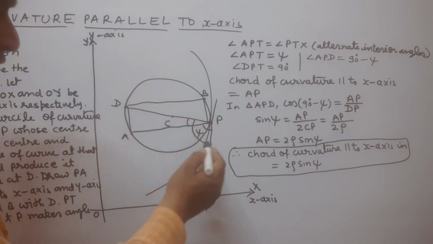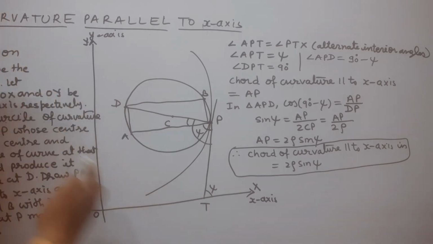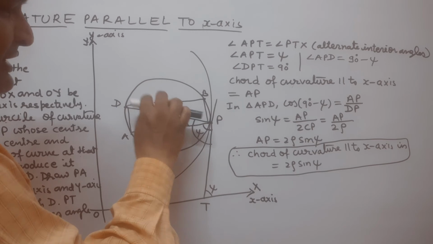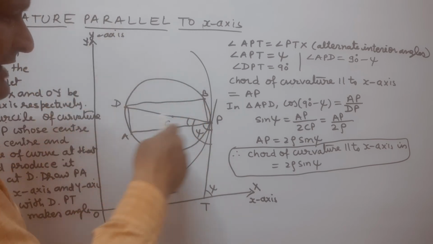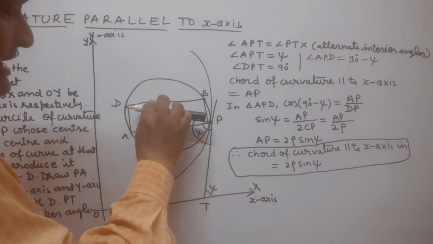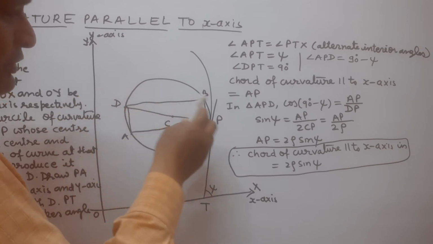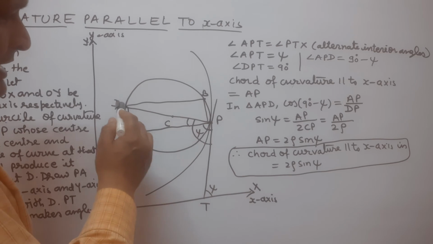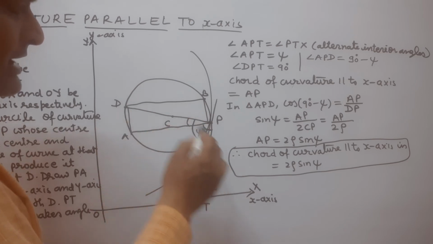So this is also psi. Now we know that tangent and normal are perpendicular, and CP is the radius of curvature of this circle of curvature which lies on the normal at point P. So CP is perpendicular to PT, so angle DPT is 90 degrees.